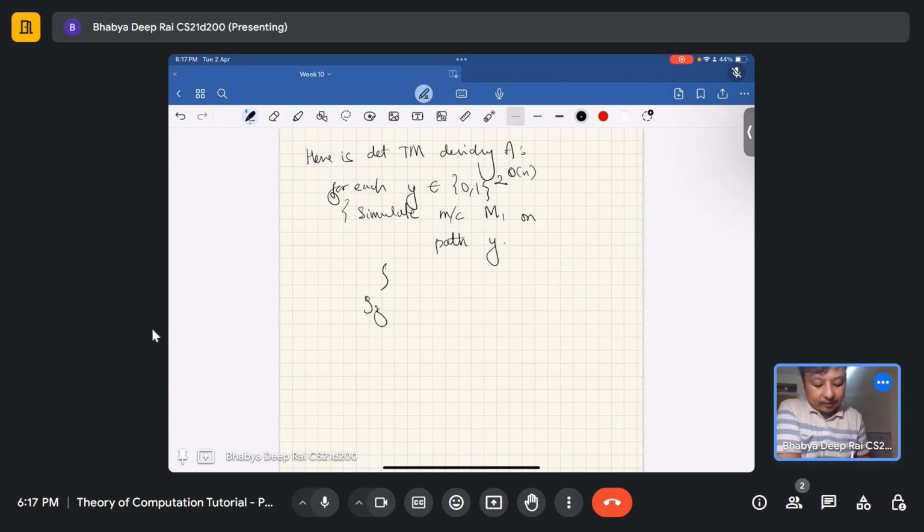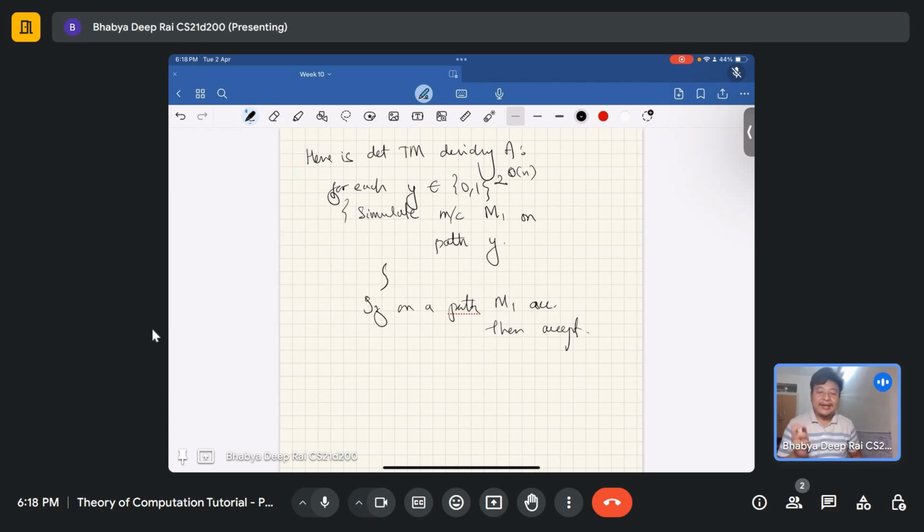If on a path M1 accepts, then accept. So what I'm doing is exploring all possible paths. If it accepts, then accept.